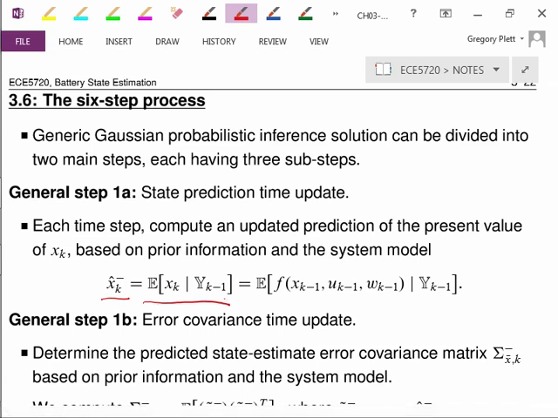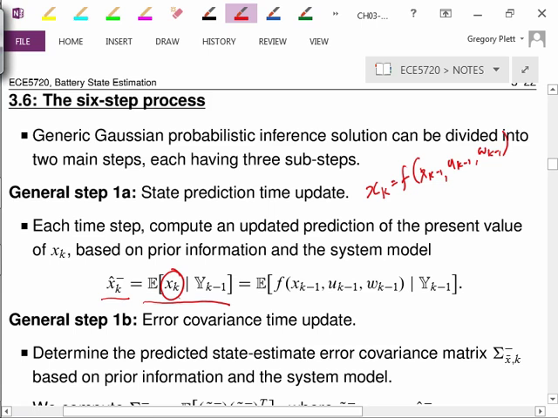And this is where the dynamics of the system get taken into account. We have a state equation, and maybe I should have repeated it, but we know that x_k equals f of x_{k-1}, u_{k-1}, w_{k-1}. That was our assumed form of a state equation of the model. So the expected value of x_k is simply the expected value of a function of x_{k-1}, u_{k-1}, and w_{k-1}.